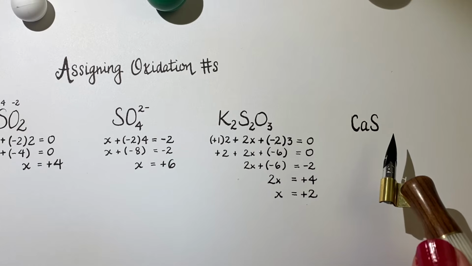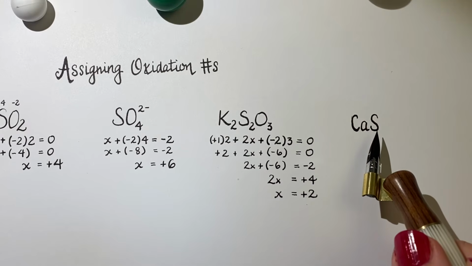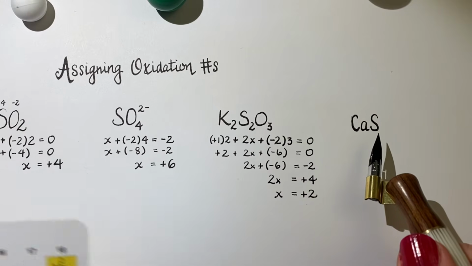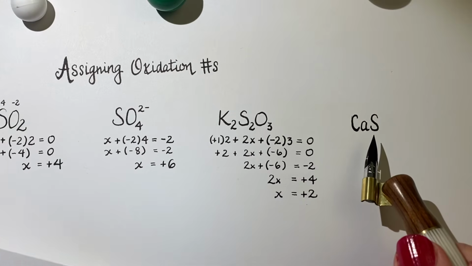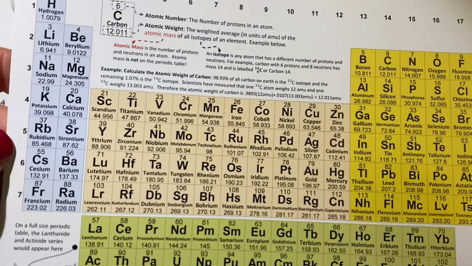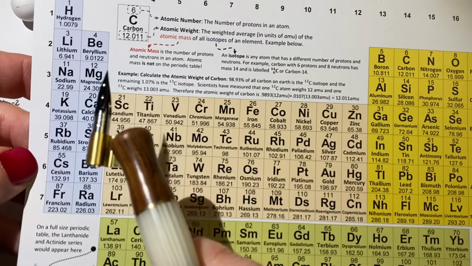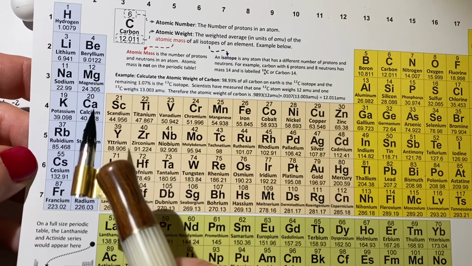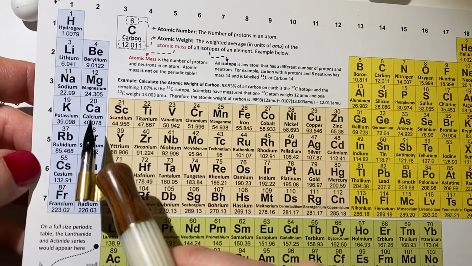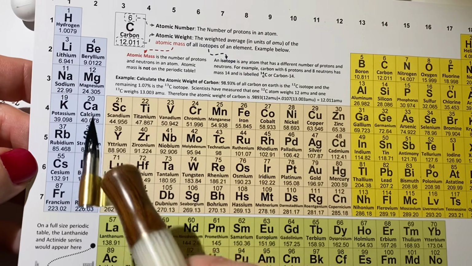So at this point, it's very clear that we can't always reliably say sulfur is going to have any one particular oxidation number. But if we bring back our periodic table, we do see calcium being in a group 2 will have an oxidation number of +2.